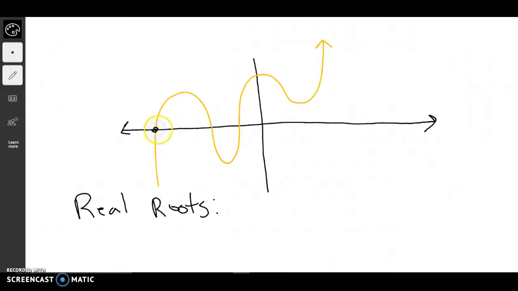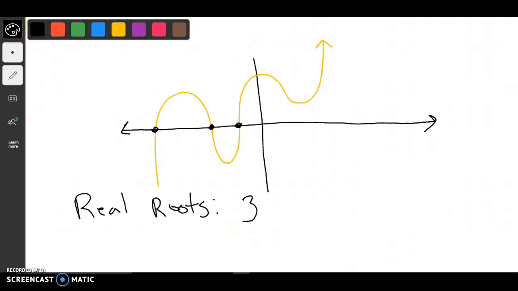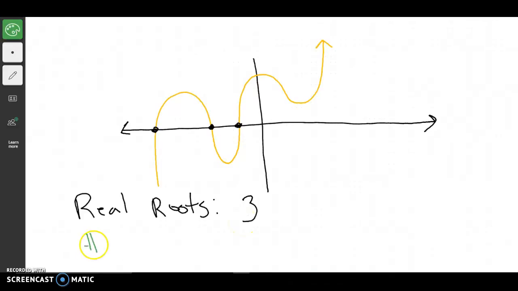So this has 1, 2, 3 real roots. Now I'd like to know what degree the polynomial is. A lot of times it's equal to the number of real roots, but in this case it's not.